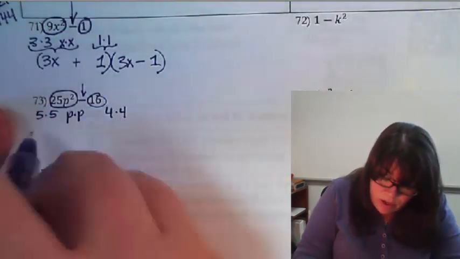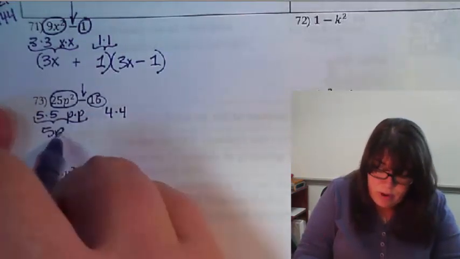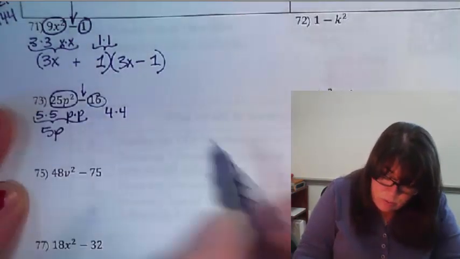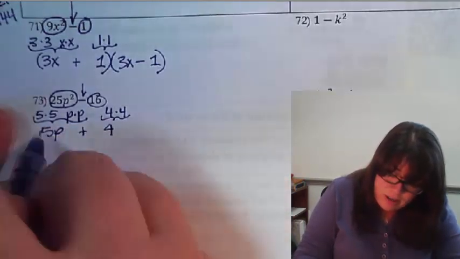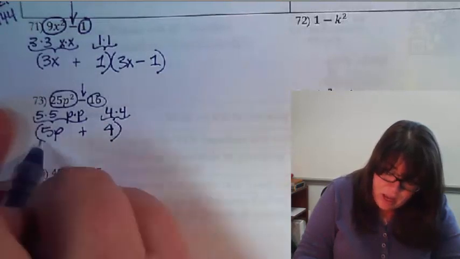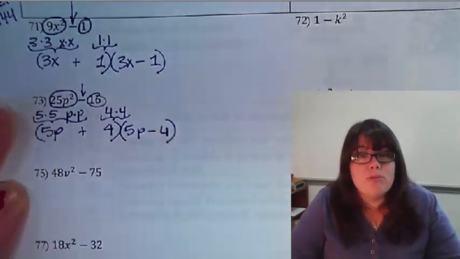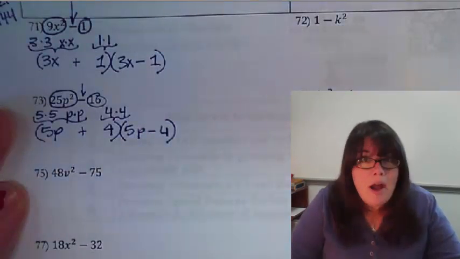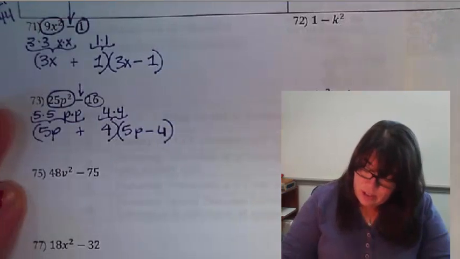So what's the root of this? Well, 5P is the root of 25P squared. What's the root of 16? 4. So my factor pair is going to be the sum and the difference of those two roots. I'm done. All set.